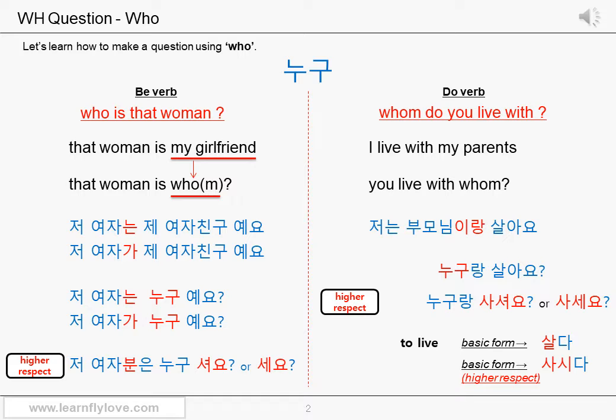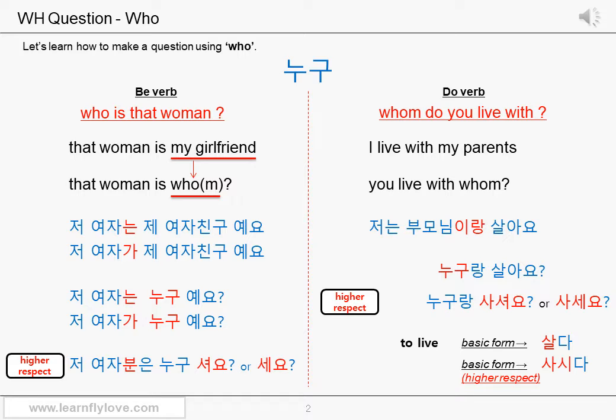What Korean predicate we use for the sentence structure like something or someone is something? Yes, 이다, 예요, or 이예요. The same thing applies here, of course. That woman, 저 여자는 my girlfriend, 제 여자친구 is 예요.